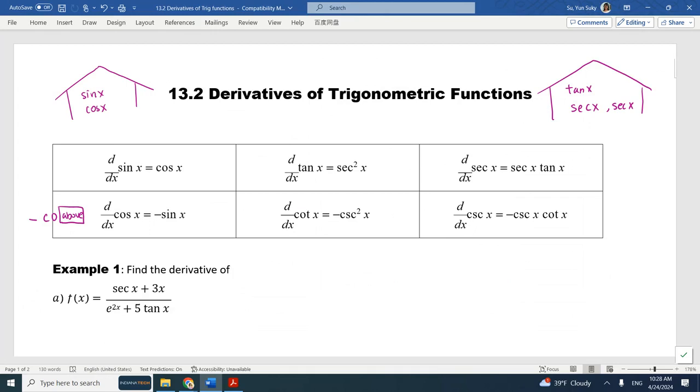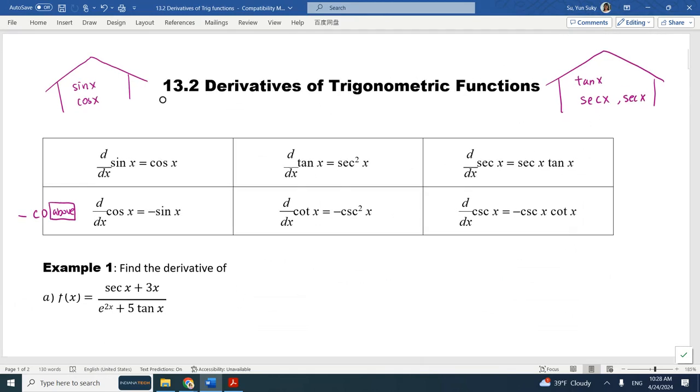Okay? All right. So everybody, let's read with me. Derivative of sine is cosine. Everybody say, derivative of sine is cosine. Derivative of tangent is secant squared. Say it loud. Derivative of secant is secant tangent.